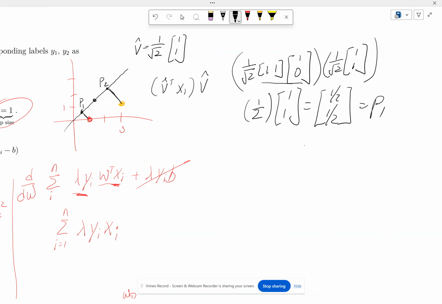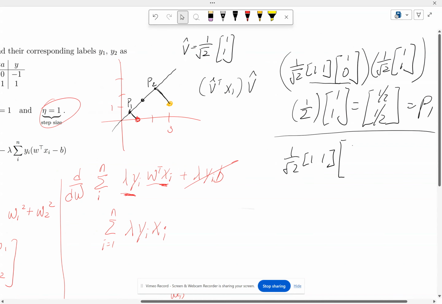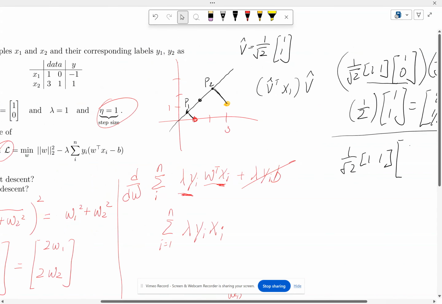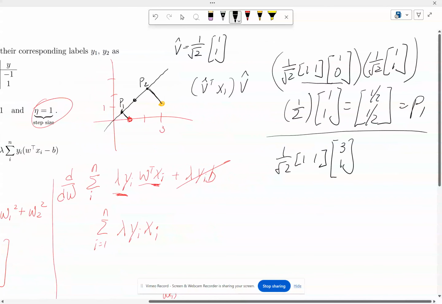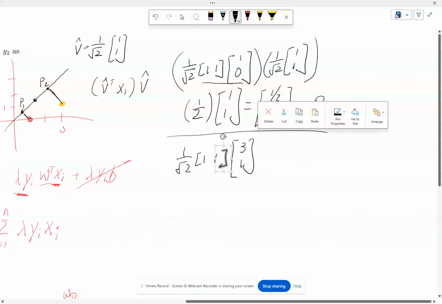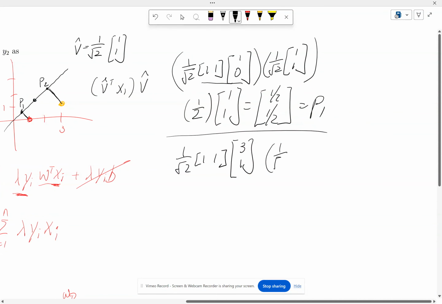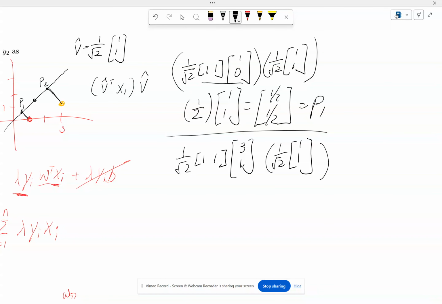Now for P2, we do this again. For P2, 1 over square root of 2, 1, 1, and x2 is 3, 1. And that whole thing multiplied by 1 over square root of 2, 1, 1. Okay? So this gives you 1 over 2. This and this cancel out.